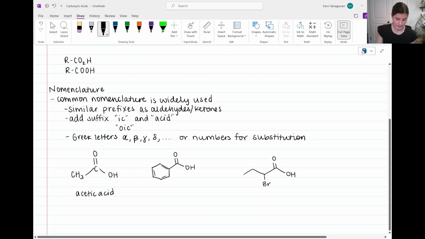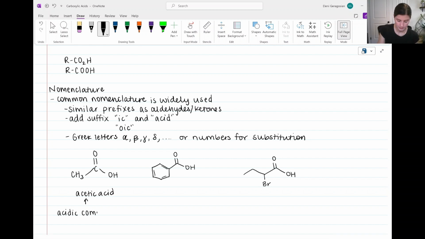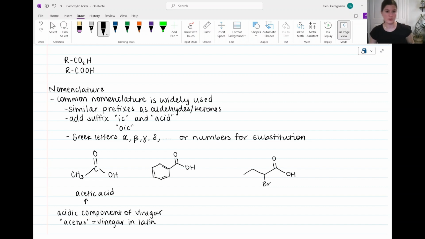And little note about this, acetic acid is the acidic component of vinegar. And then the word acetus is vinegar in Latin. So that's how we have that part of the name.